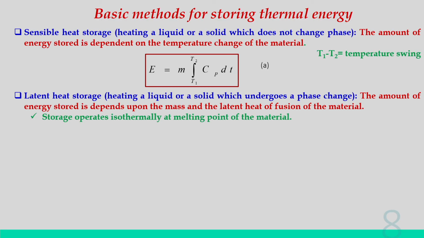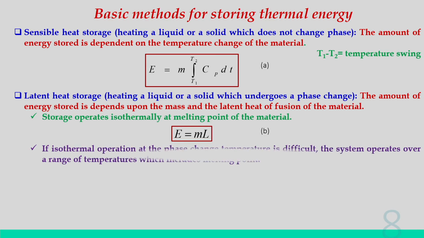In the first situation, storage operates isothermally at the melting point of the material. Normally, this isothermal condition cannot be achieved when we use a sensible heat storage system. In the case of latent heat storage, we can provide isothermal, or constant temperature, heat. And this can be represented by E = m L, where m is the mass of the substance and L is the latent heat of fusion, right.